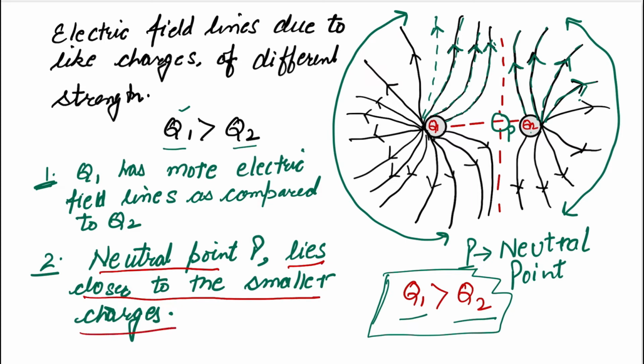When you have two like charges, meaning both charges are positive, right? And one of the charges has greater magnitude, meaning q1 has greater magnitude, the neutral point will shift toward q2, which is the smaller charge. So the neutral point moves toward the smaller charge.